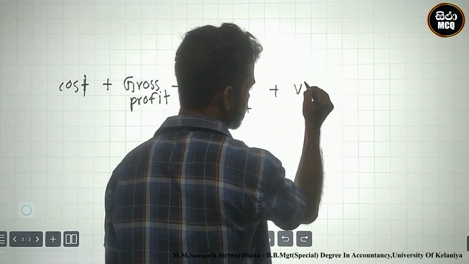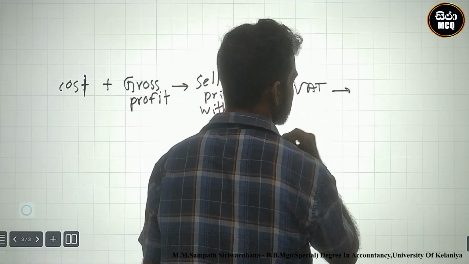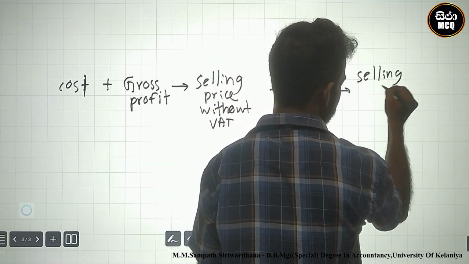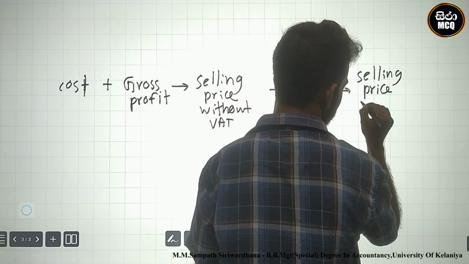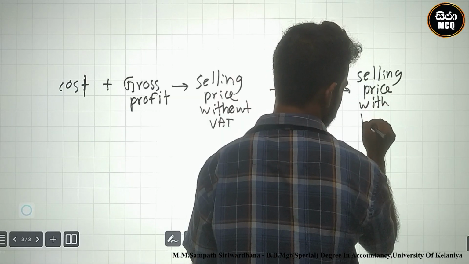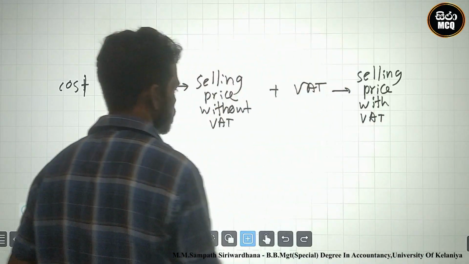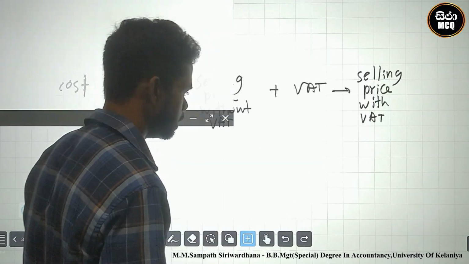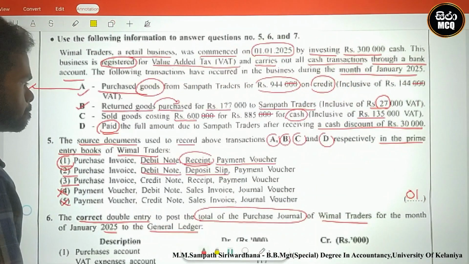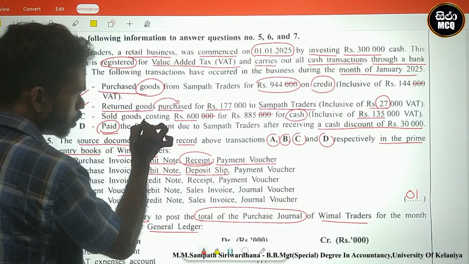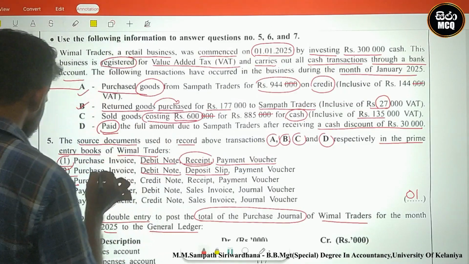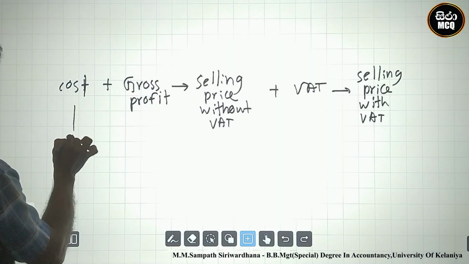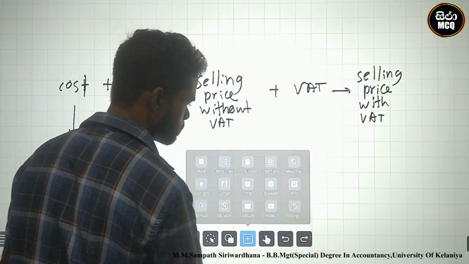After that, we must add the VAT amount, and another selling price is created, the selling price with VAT. We must fulfill this schedule firstly. Sold goods costing 600. Cost means their cost is 600 there. Let's see the other one.